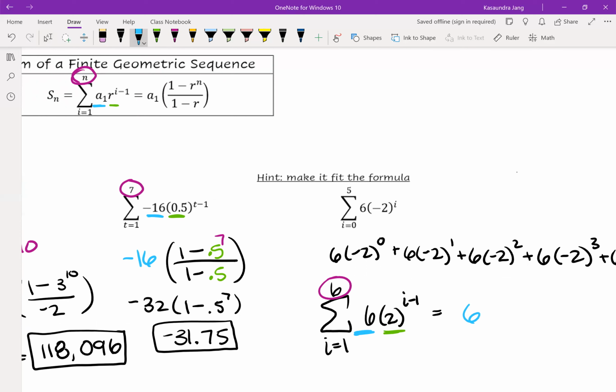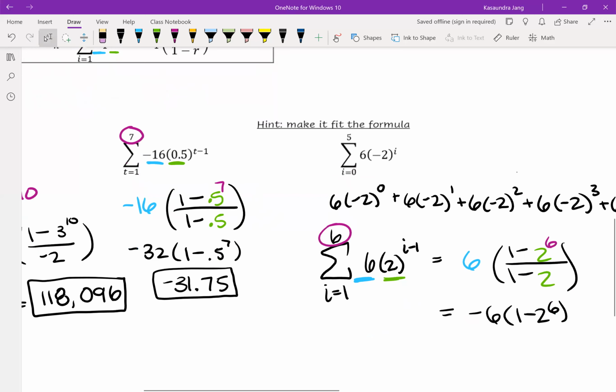Minus numerator and denominator. The R in our case is a 2 raised to the N, so to the 6th. Okay. Let's see, I know that 1 minus 2 is negative 1. So 6 divided by negative 1 is a negative 6. Minus 2 to the 6th.